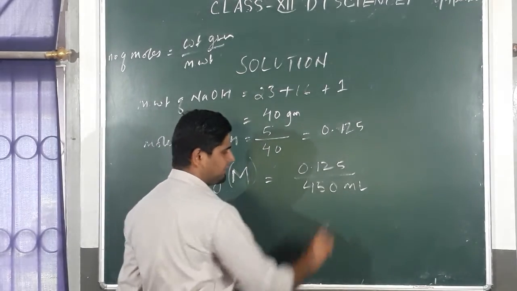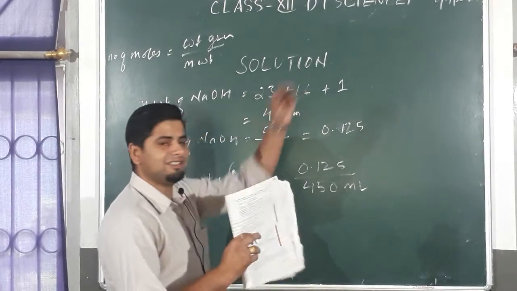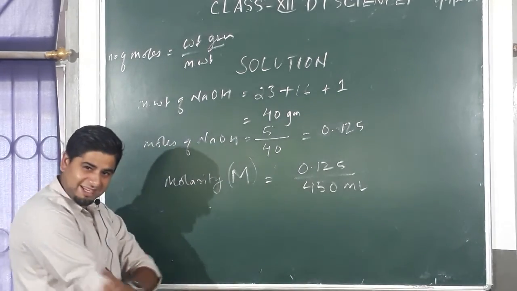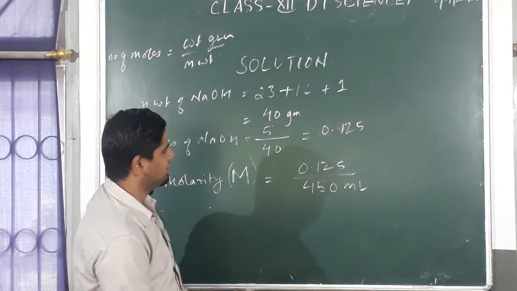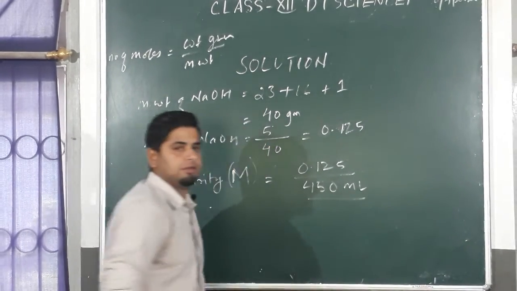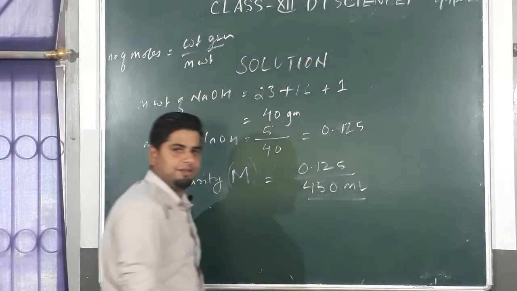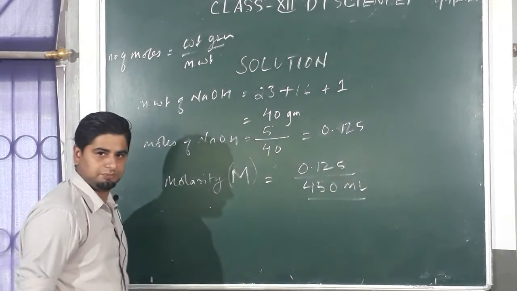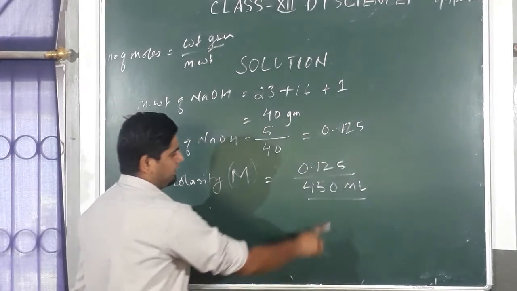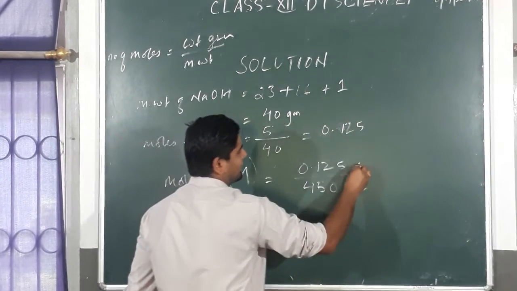So here it is milliliter. How can we convert milliliter into liter? By dividing the milliliter by 1000. So I'll directly write 1000 over here.